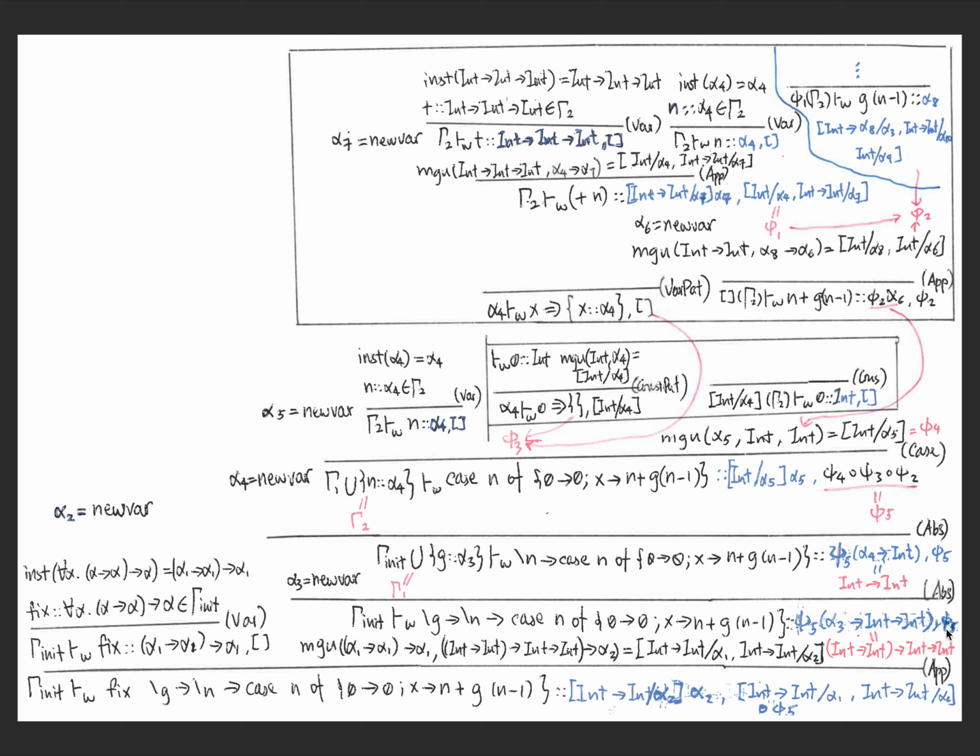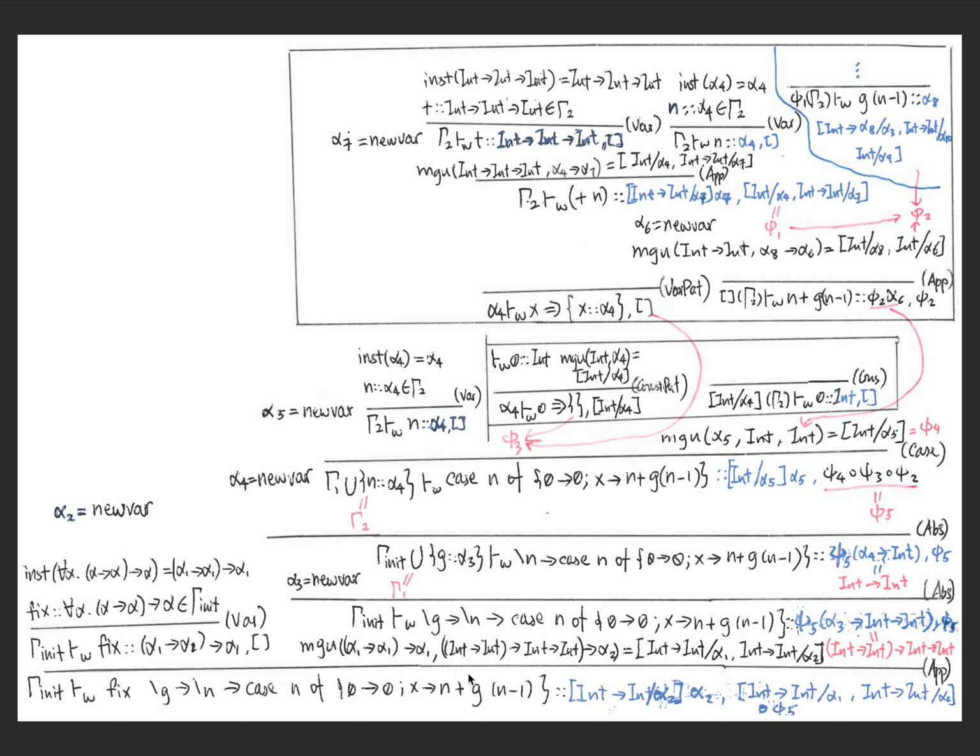So far so good, and we are coming back to the main step. That is, we need to perform a unification between the function type, which is alpha 1 to alpha 1 to alpha 1, with the actual argument type, which is the type of this one, int to int to int to int, which is here. And then alpha 2 was created as the output type of this entire application.